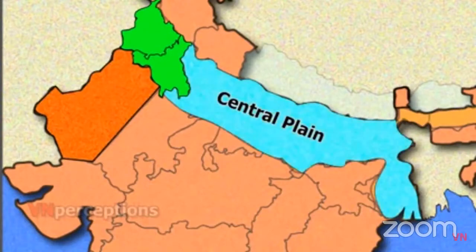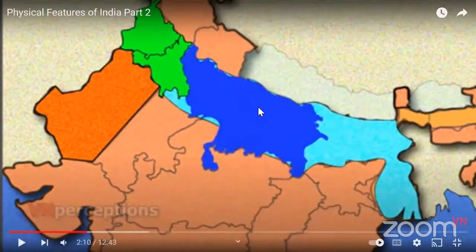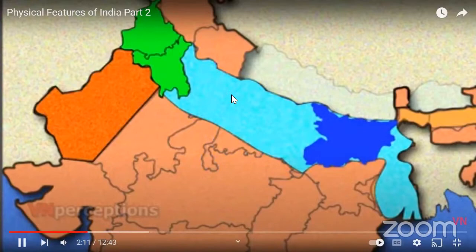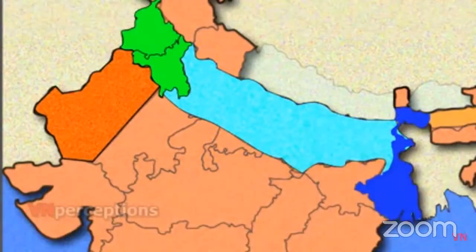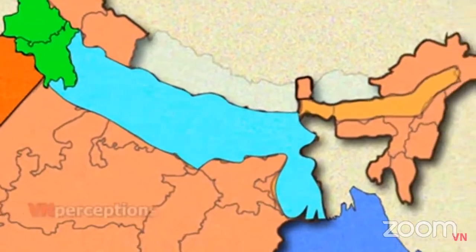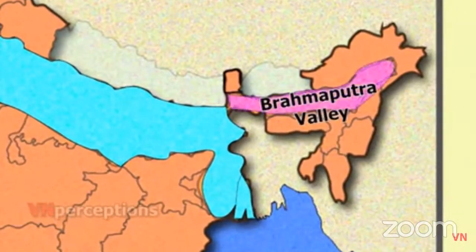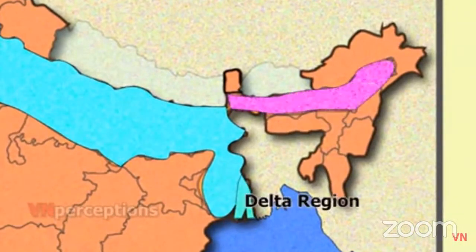The Central plain, which covers the states of Uttar Pradesh, Bihar and West Bengal. And the Eastern plain, which covers the Brahmaputra Valley and the Delta region, popularly known as the Sundarban Delta. So this is the division of plains.